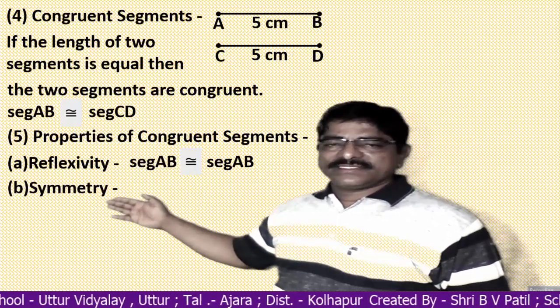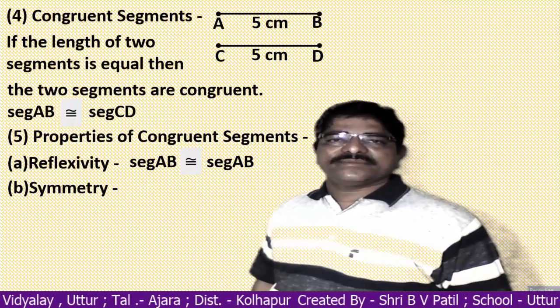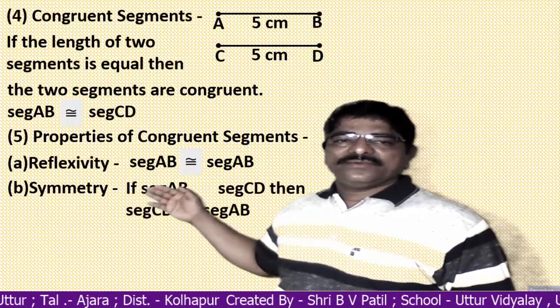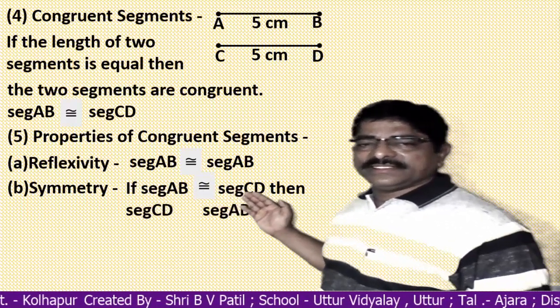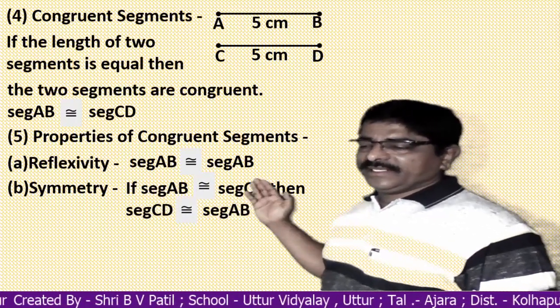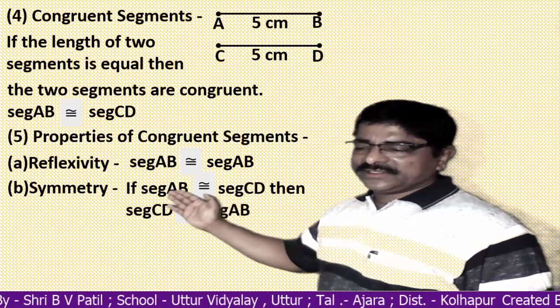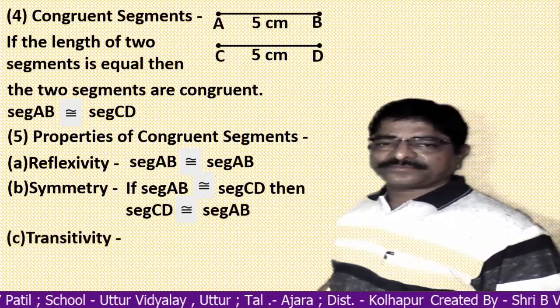Second is symmetry, samamitata. If segment AB is congruent to segment CD, then segment CD is congruent to segment AB.